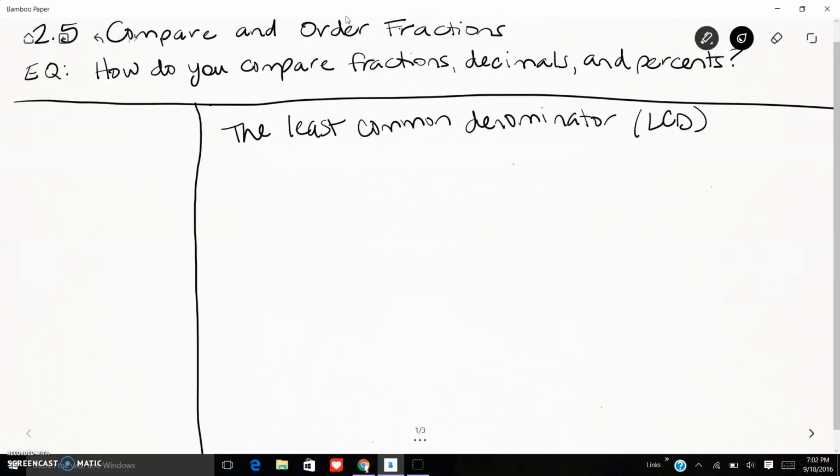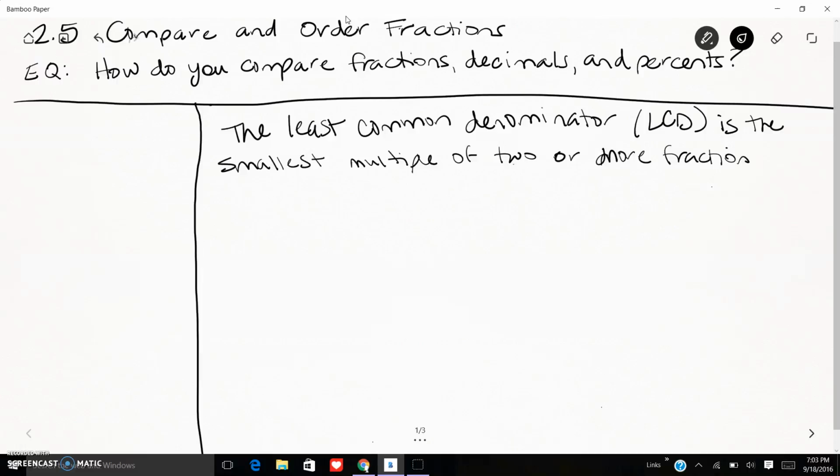You'll see it referenced as LCD, is the smallest multiple of two or more fractions that they have in common.